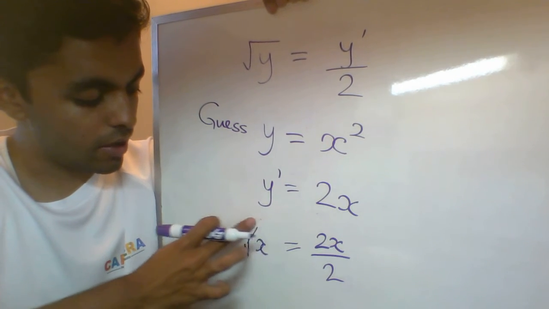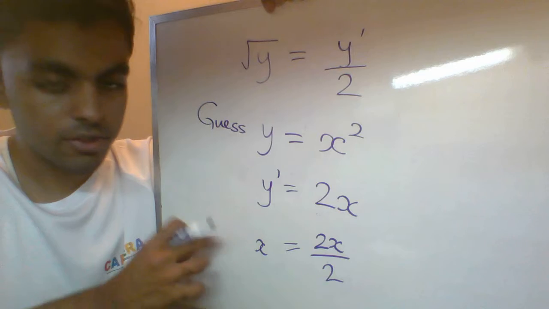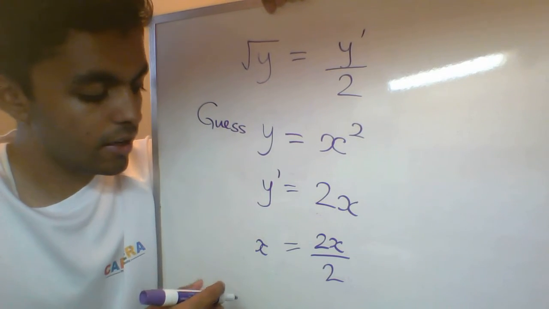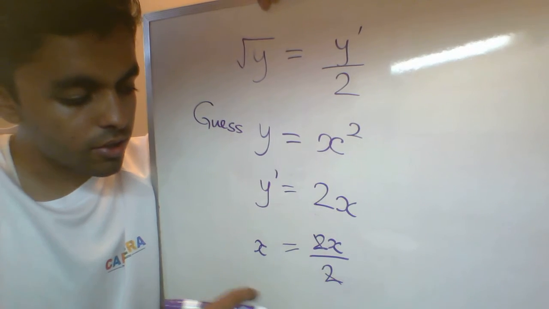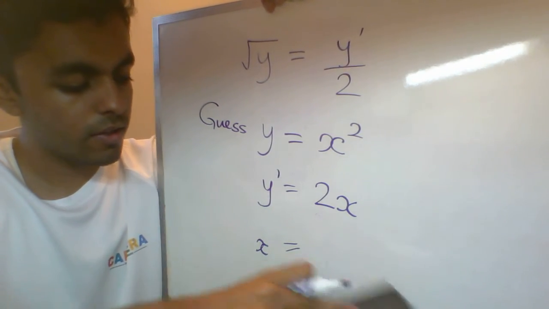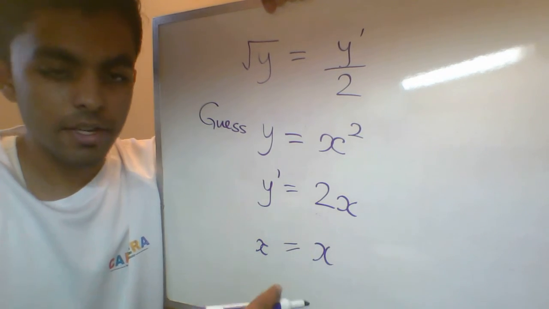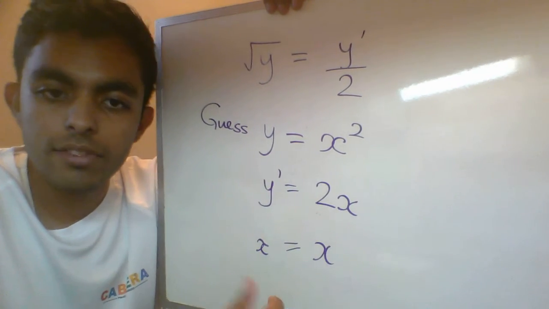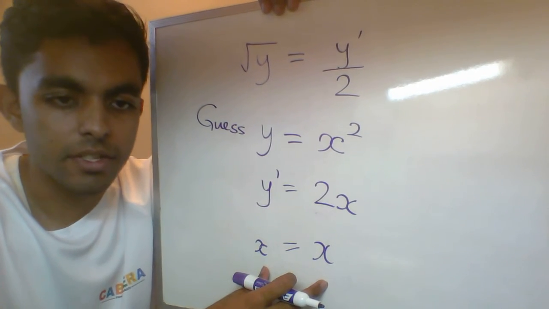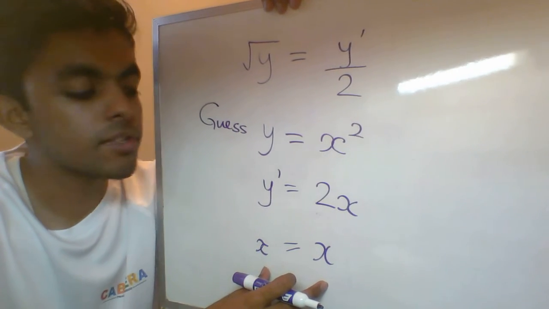And so what you're left with is just x on the left side. And then on the right side, the 2 and the 2 cancel, so what you're left with on the right side as well is just x. And so your final answer would not be x equals x. Everybody knows that x is x in any case.